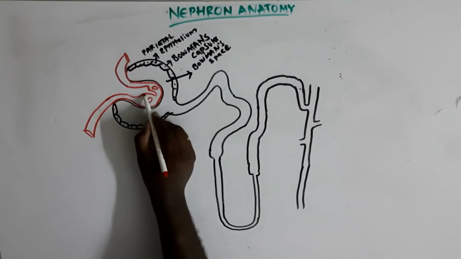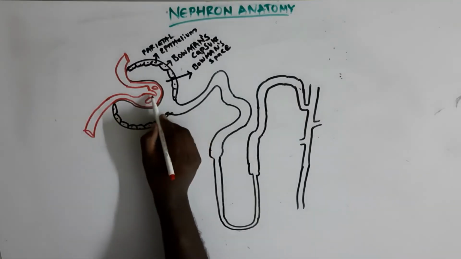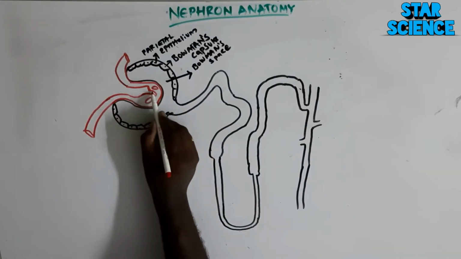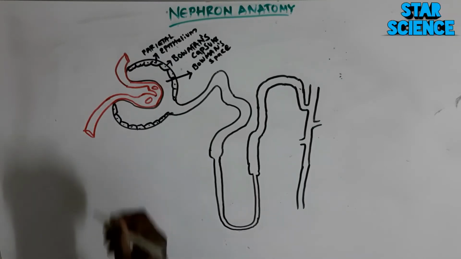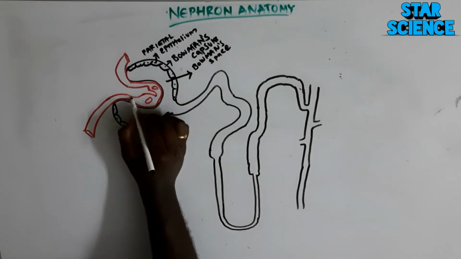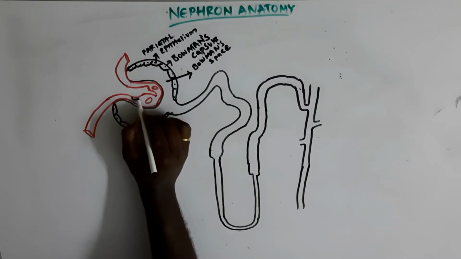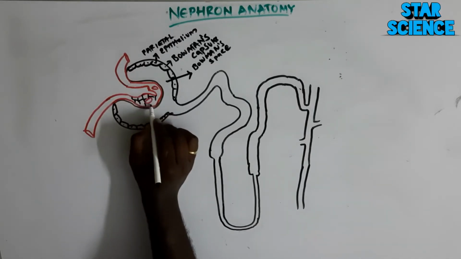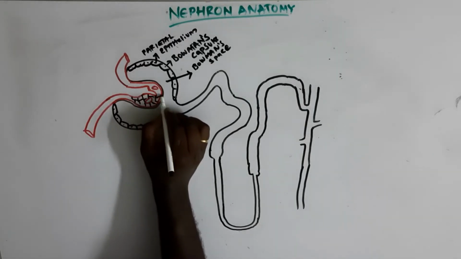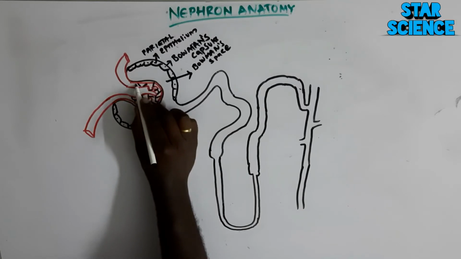When it enters the glomerulus, after filtering out the waste, it again leaves via the efferent arteriole. Some people get confused and think these efferent arterioles are veins. At this point, it is not a vein. It is still an artery.